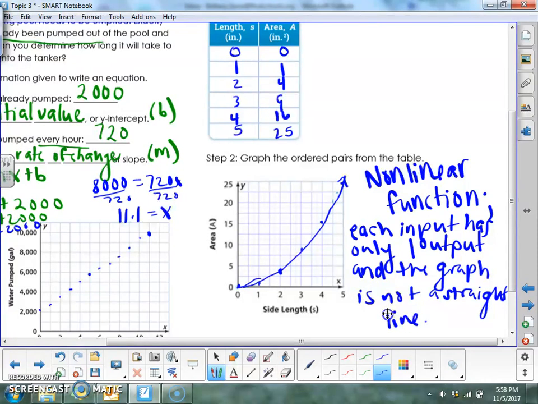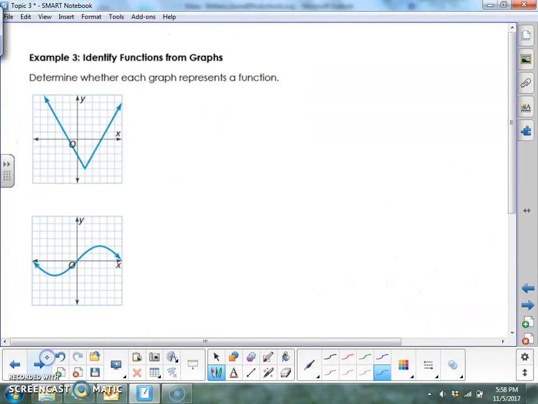All right. Example 3. Determine whether each graph represents a function. So you're looking at, does each input have only one output, or does each x value have only one y value? For this, something that we use is called the vertical line test.